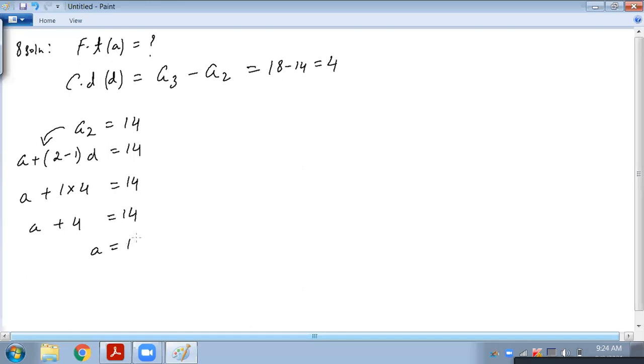To find A, take this 4 to the other side, it will become minus 4. So A equals 10.